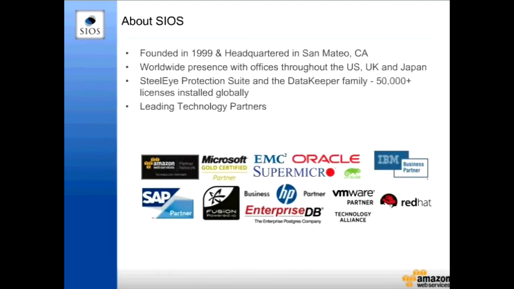So Fios Technologies, we focus specifically on high availability and data replication solutions. We've been around for well over a decade, protecting thousands and thousands of mission-critical servers and applications worldwide. And so what we're going to be talking about today is the concept of Sandless clustering. So we're going to jump into those details right now.